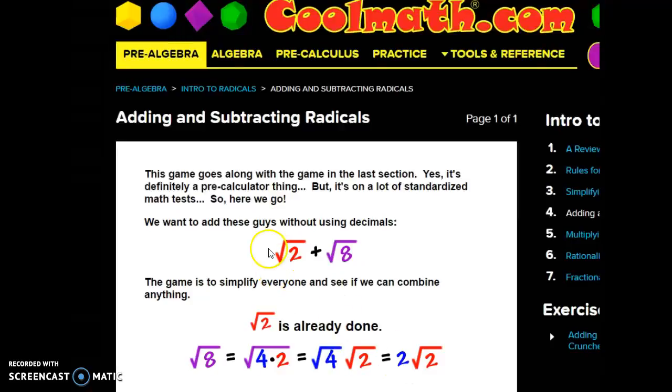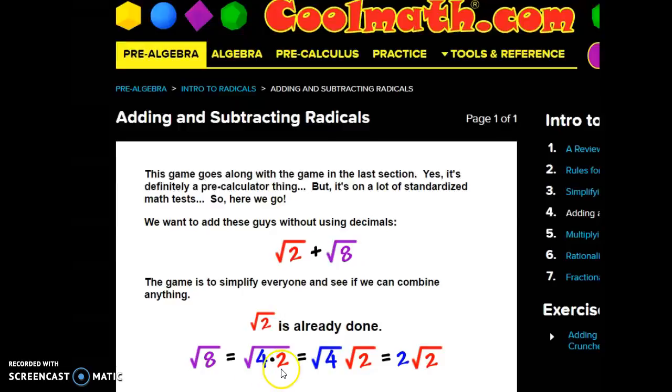So when we're asked to add them together, we can do that simply by keeping this one the same, dropping it to here. And we're asked to add the square root of 8. So let's follow the colors. That's why he's using this color to help it be clear to you. The square root of 8 is the square root of 4 times 2, because we know 4 times 2 equals 8.